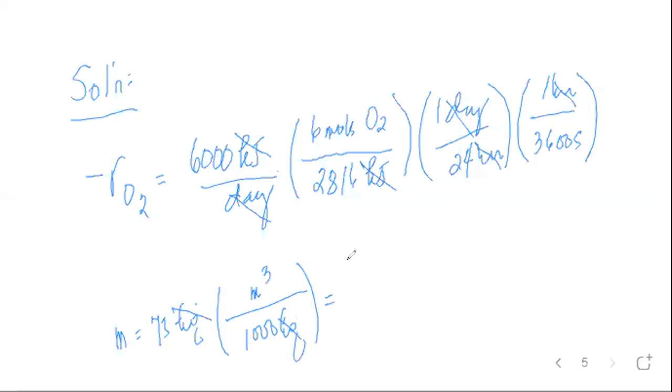So you have now 0.075 cubic meter of person. Then you place it here. So 1 over 0.075 cubic meter. Now you have the answer that we're trying to find. The man's metabolic rate represented in terms of its O2 consumption would be the 6,000 times 6 divided by 2,816 divided by 24 divided by 3,600 divided by 0.075.